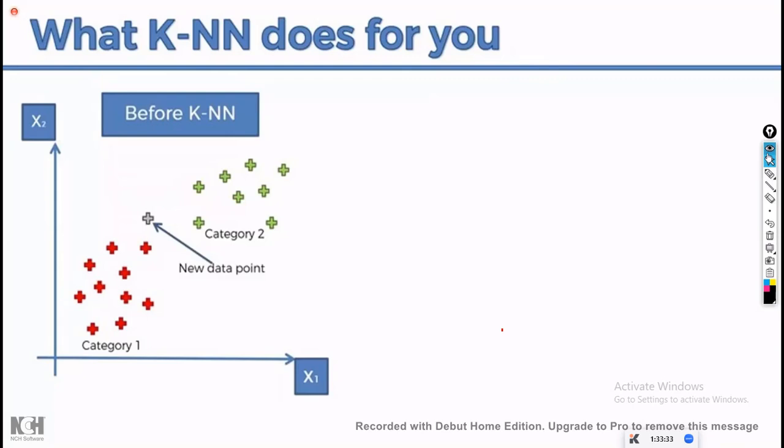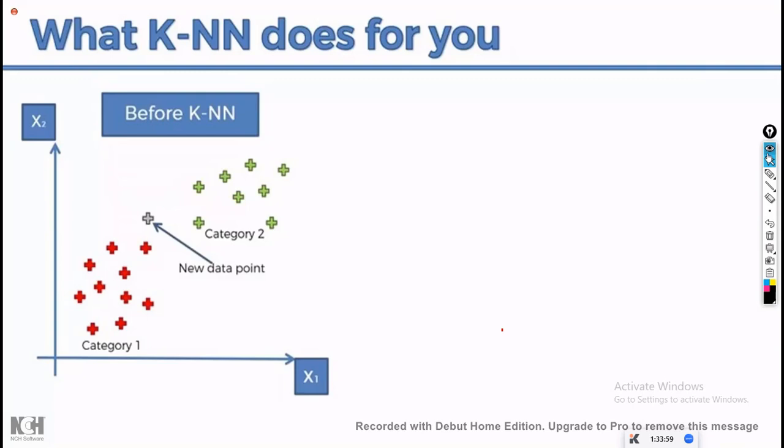In order to find the closest distance, it has to calculate the distance for every data point. For example, if you have given 10,000 records in the training data set, it has to calculate 10,000 distances. For every data point, it has to calculate the distance, and that takes time. Whichever takes more time is called lazy.